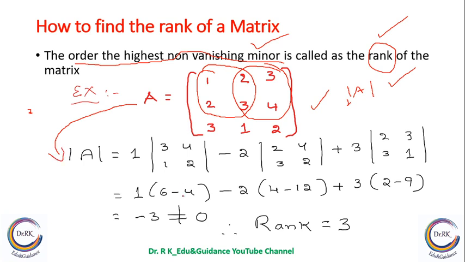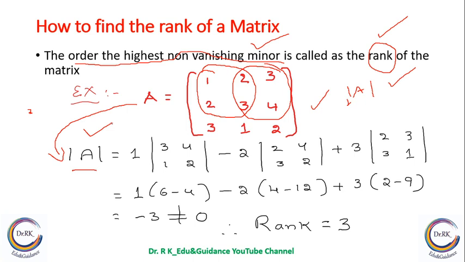If it is non-vanishing, meaning not equal to 0, then obviously the rank is the order of the minor, that is 3. If it is equal to 0, then rank cannot be 3. That means the minor of order 3 is becoming 0. Then we have to go back and see whether it can be 2 or not. We'll see it. In this case, first we begin with the determinant of A.